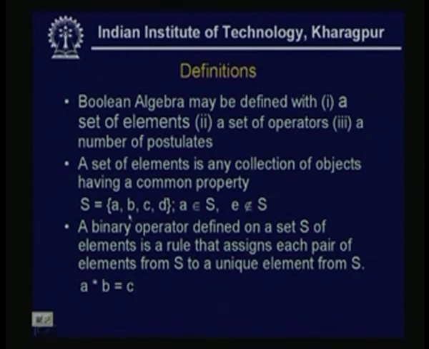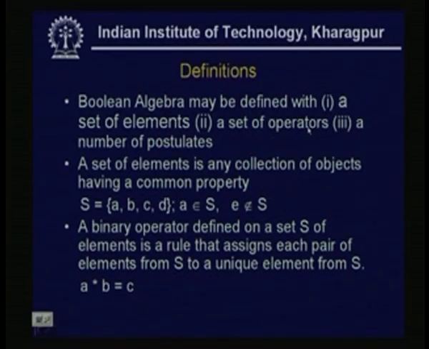So, that means A, B are two elements in the set S. If we take A and B, and take an operator star, then A star B, if we compute, we get an element C, which is again an element in S. Then this star is defined as an operator on S. Now, a set of such operators defined on S is what we take as the set of operators, and third is the number of postulates.